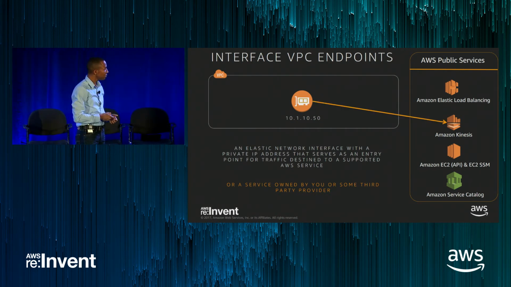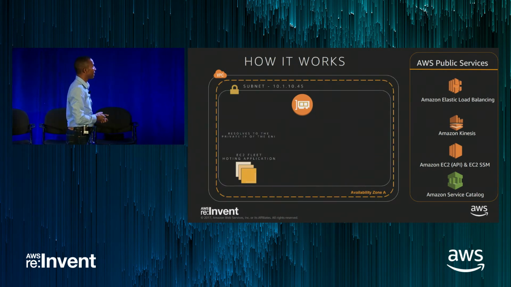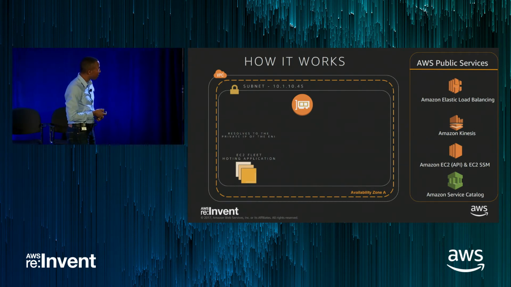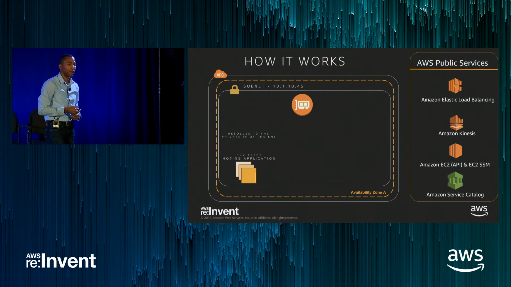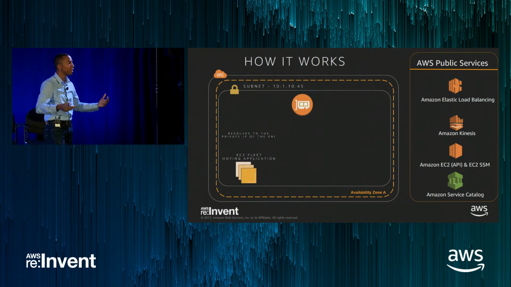What actually happens? Now, when you create an interface endpoint, you don't specify a route, nor is a route specified for you inside your route table, because your traffic is handled as a local route. Remember that flat network? It's now just communicating amongst nodes within your VPC.